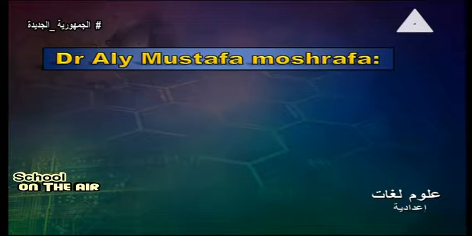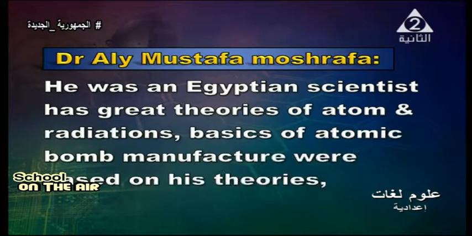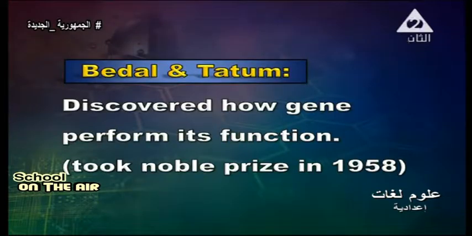Dr. Ali Mustafa Mosharafa was an Egyptian scientist who had great theories of the atom and radiation; the basics of atomic bomb manufacture were based on his theories. Beadle and Tatum discovered how a gene performs its function and took the Nobel Prize in 1958.